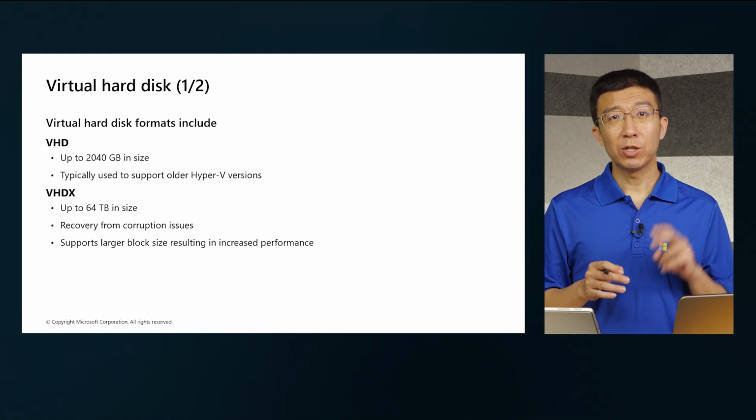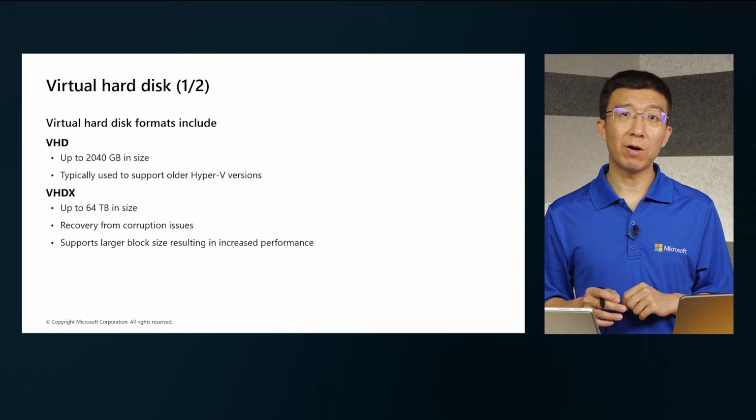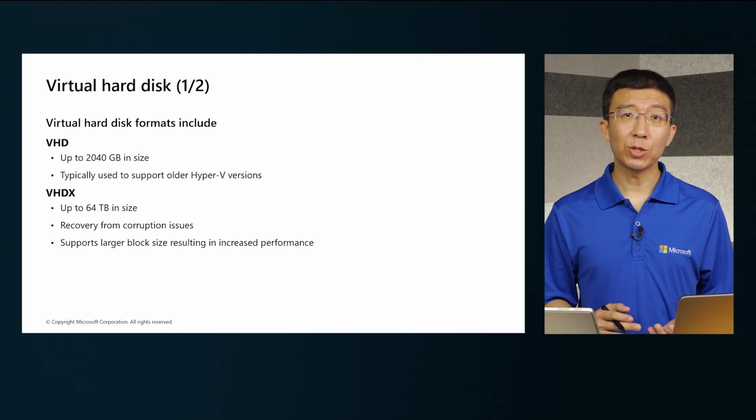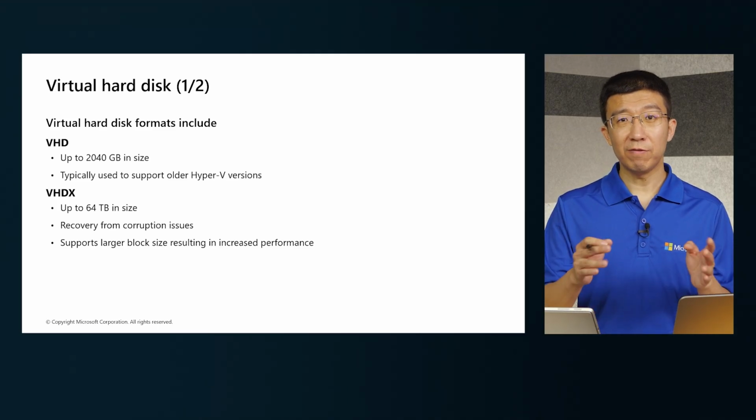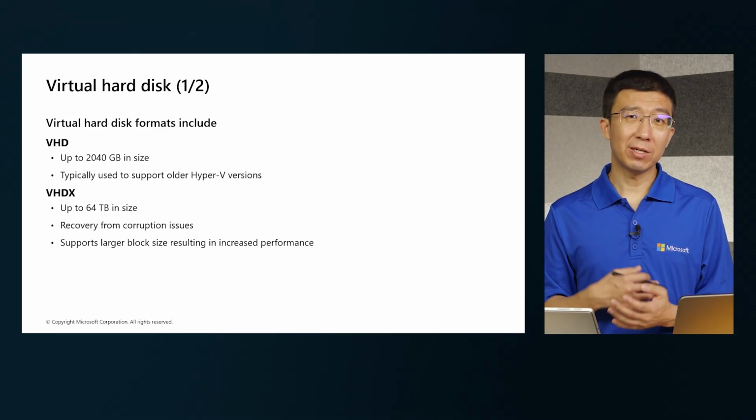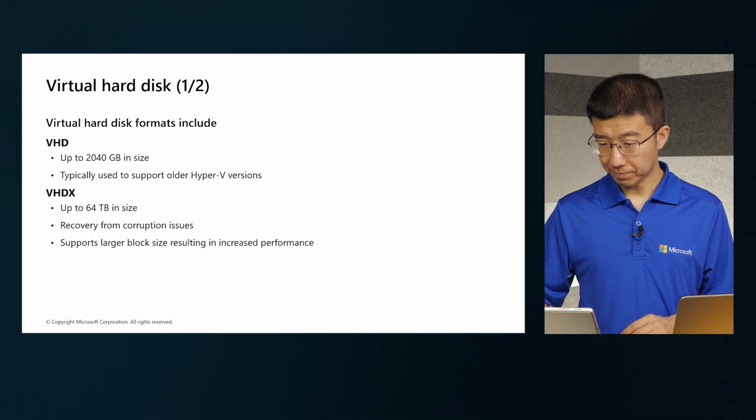Hyper-V supports two main virtual hard disk formats, VHD and VHDX. When creating new virtual machines, use VHDX, unless you need compatibility with older systems.